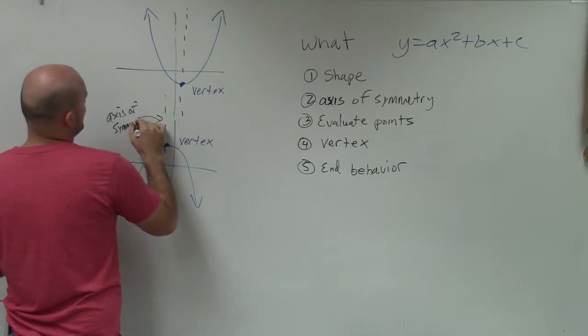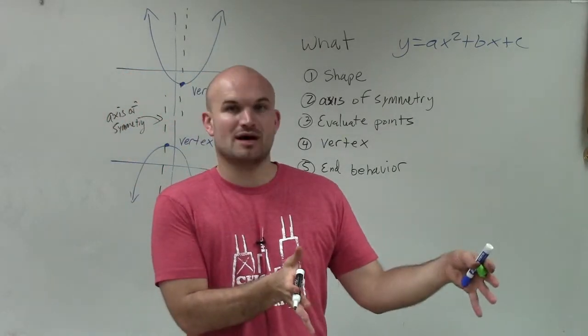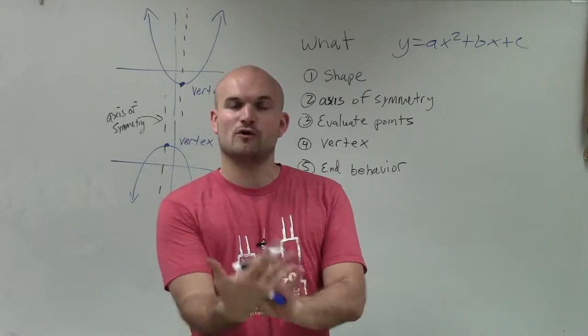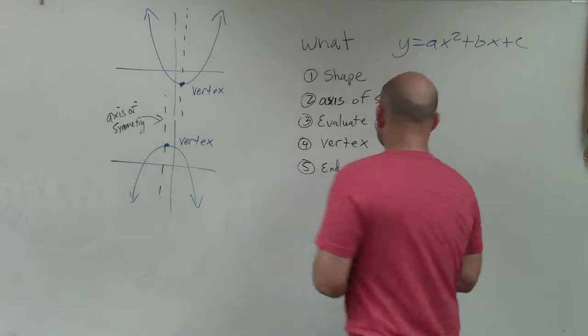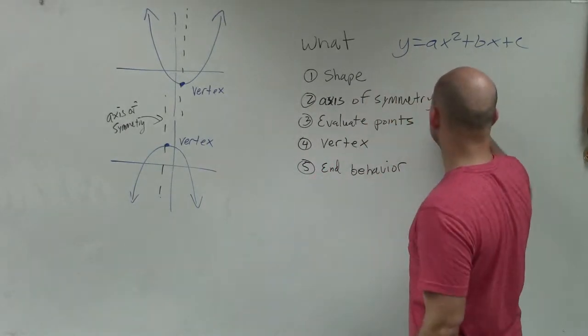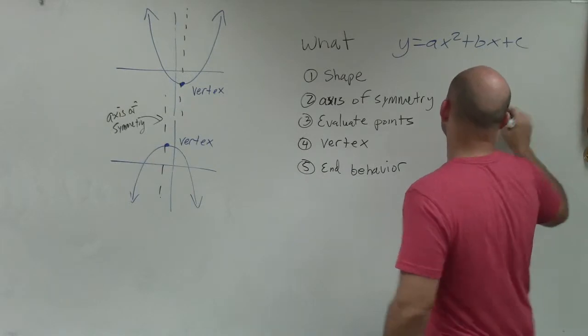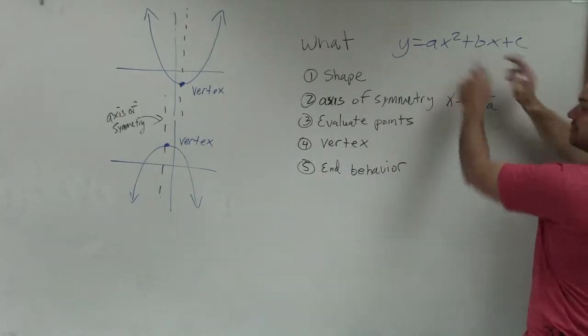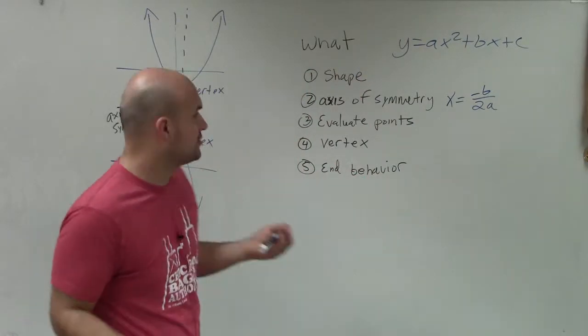This is very important when graphing quadratics, because whatever one side of a quadratic looks like, we can reflect it over the axis of symmetry, and that's what the other side will look like. To find the axis of symmetry, since it's a vertical line, it's x equals the opposite of b divided by 2a, where b and a come from the quadratic equation you are given.